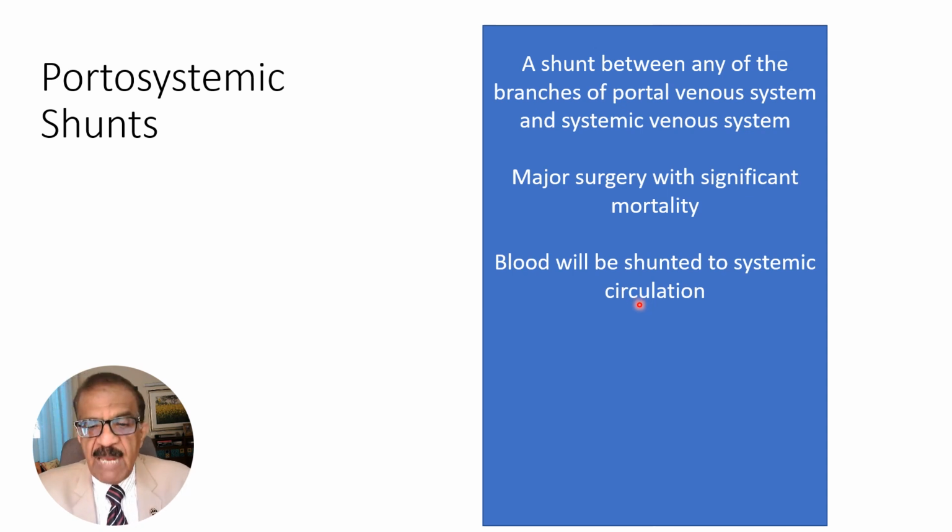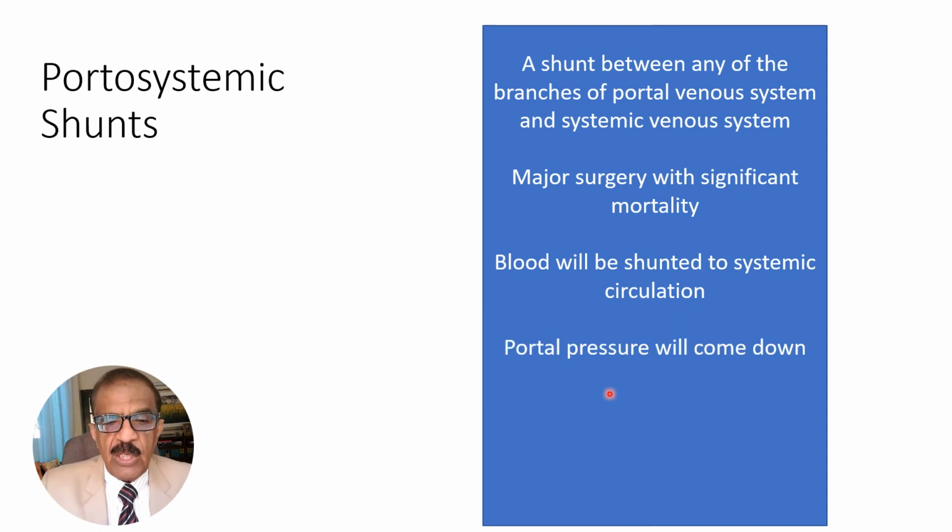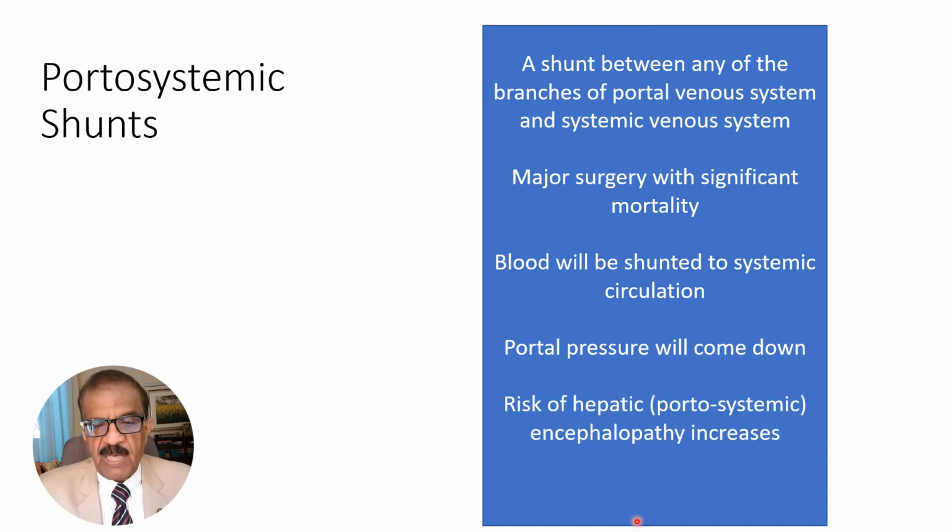That will bypass the liver and lead to a drop in portal pressure, but it could also precipitate hepatic encephalopathy, also called portosystemic encephalopathy. The name indicates that this encephalopathy is because the portal blood goes to the systemic circulation bypassing the liver. So all the toxins can go to the systemic circulation.